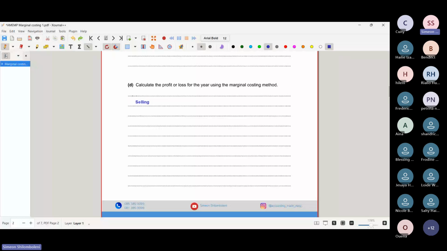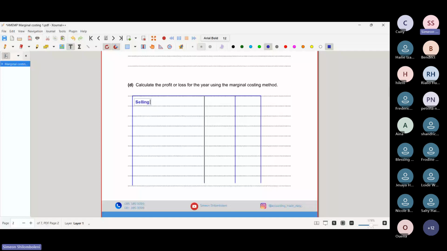The unit format has 2 columns. Okay, so we have the selling price per unit.